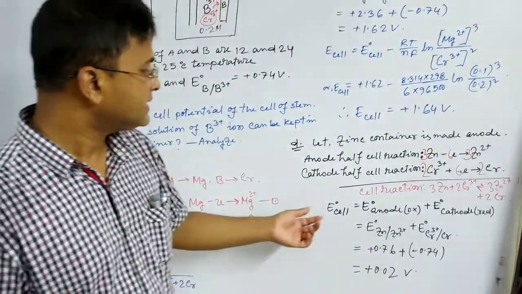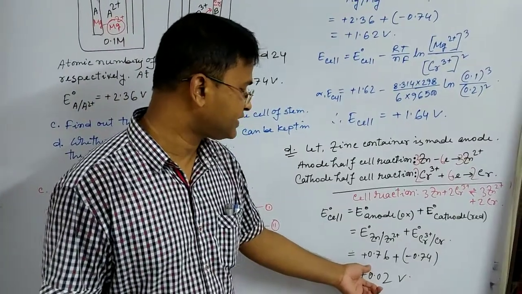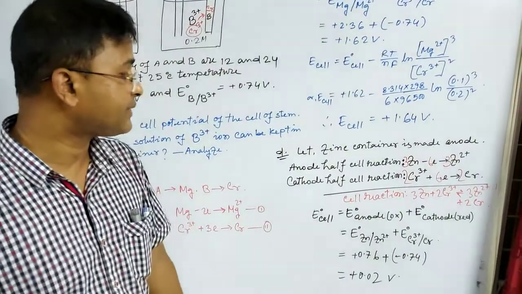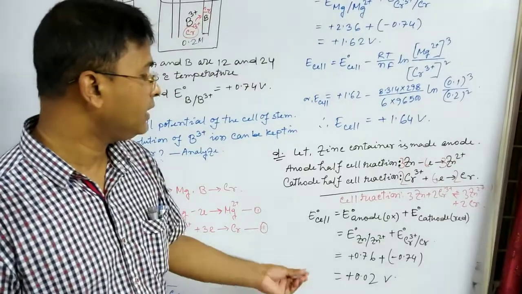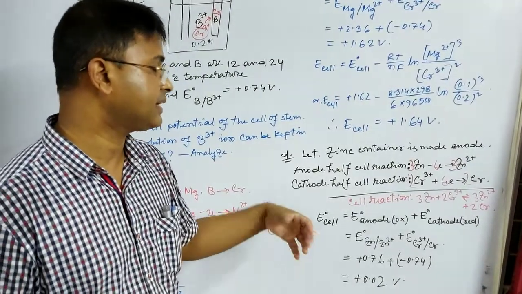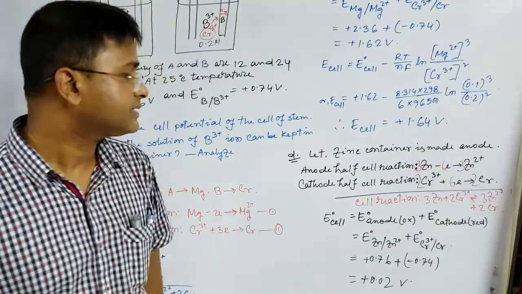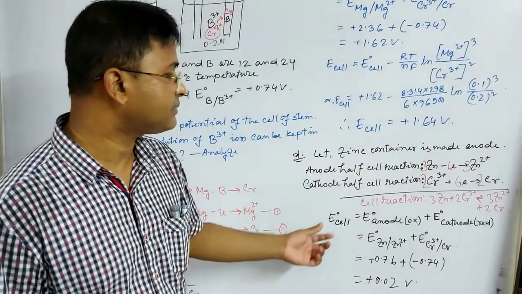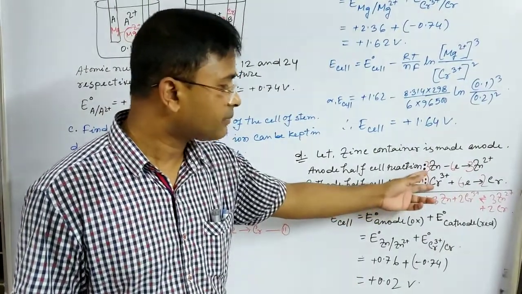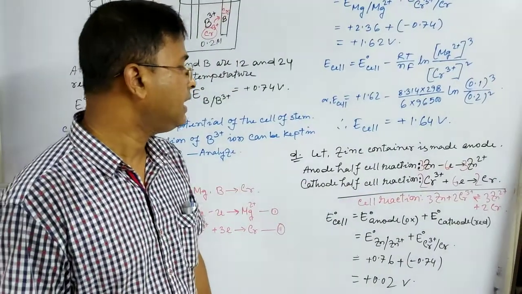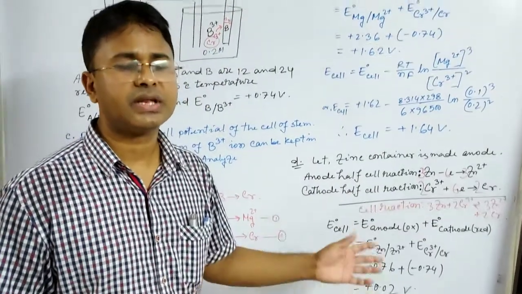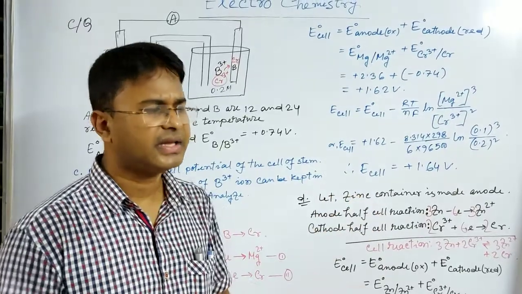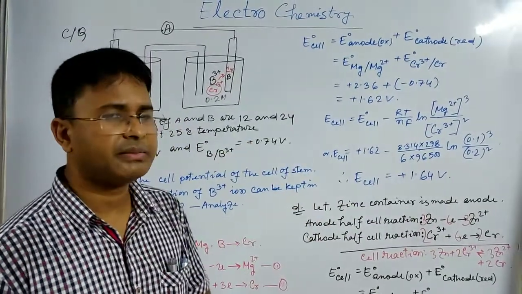As the cell potential is positive, the reaction will occur spontaneously and there will be a hole in the zinc container after a definite period. So it is not safe to keep the solution of chromium 3 plus ion in the zinc container. That's all about my lecture on electrochemistry.